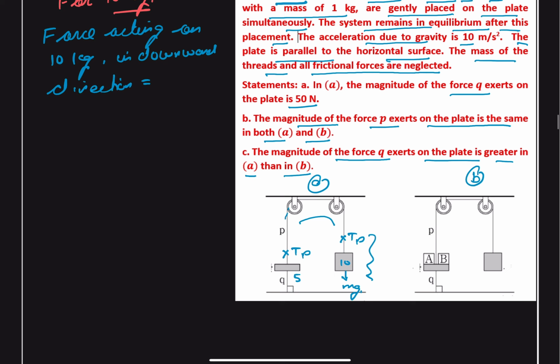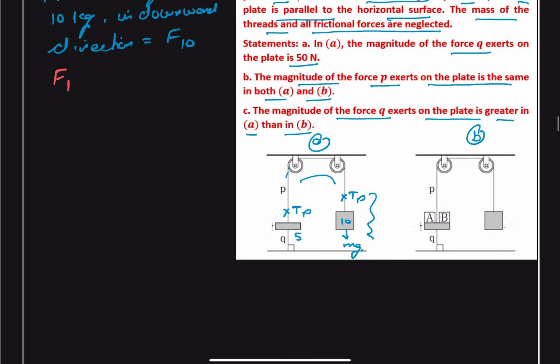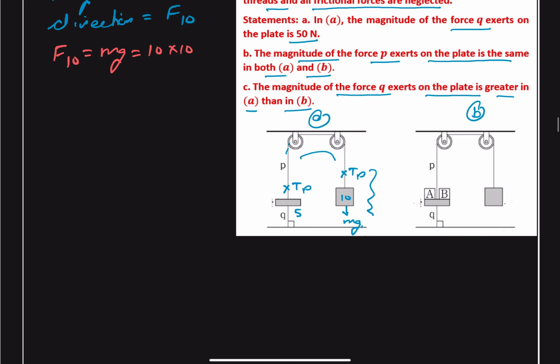So F10 is equal to m multiplied by g, which is 10 multiplied by 10, so F10 is equal to 100 Newton. And it is given that the entire system is in equilibrium.